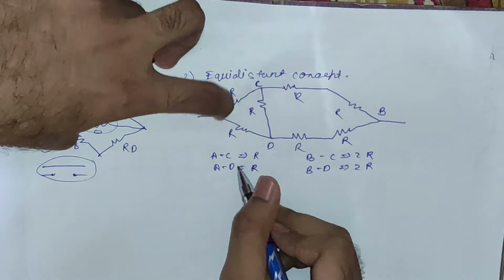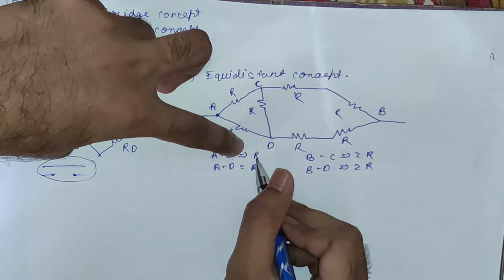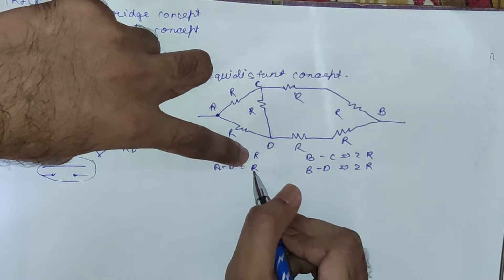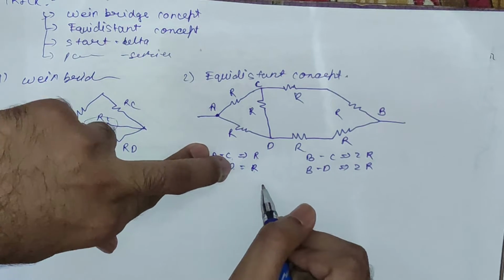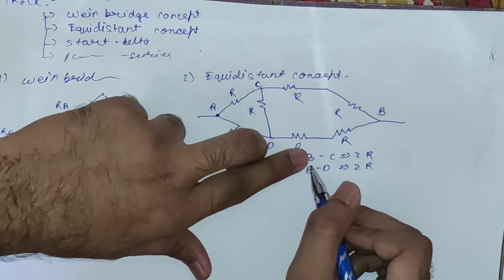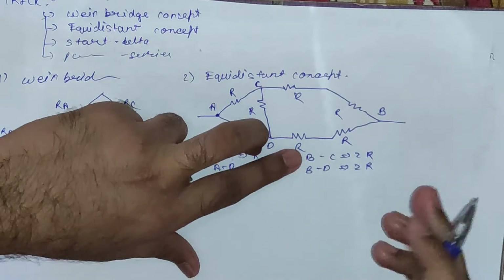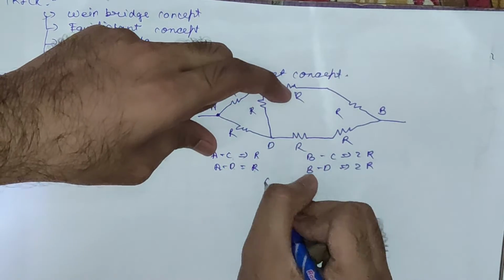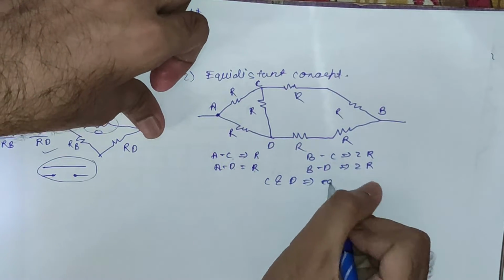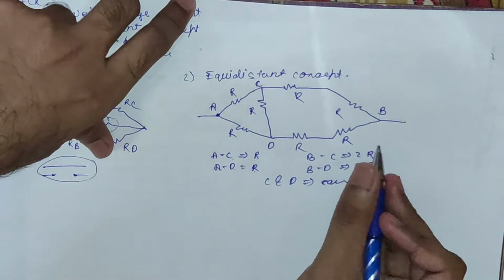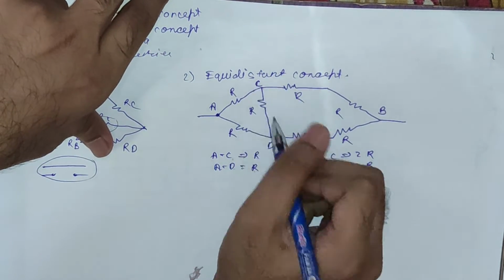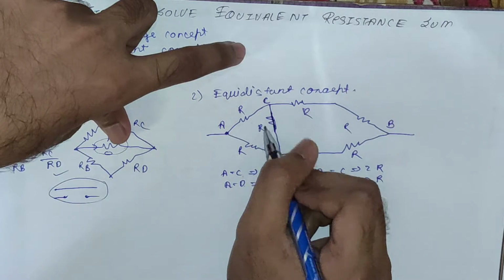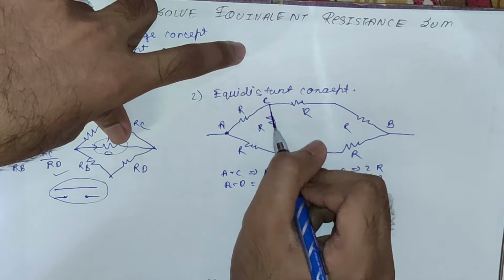So from A, C and D both have the same distance, and similarly from B, C and D have the same distance. Then only we can say C and D are equidistant points. If we get this, then we can short circuit this path. In place of this R we will short circuit this path.